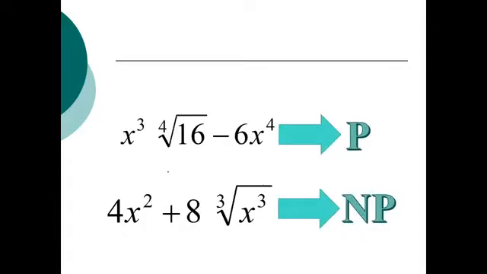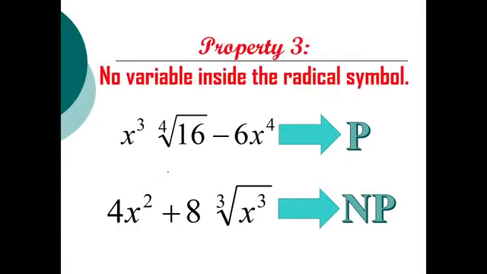For the third property, you have noticed now that there is a radical symbol. Property number 3, no variable inside the radical symbol.